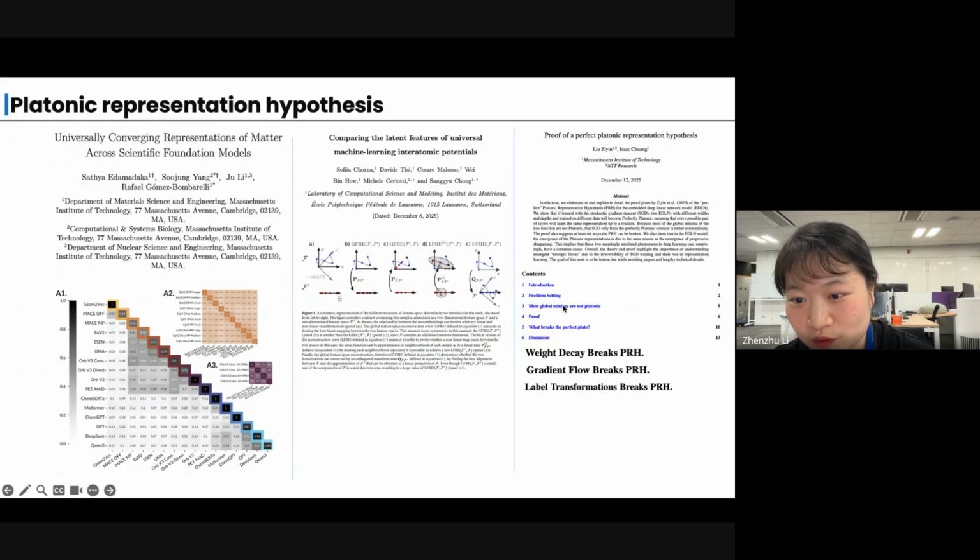That will influence the appearance of the Platonic representation organization. But because this one is very mathematical, I'm also not so crystal clear about the details.